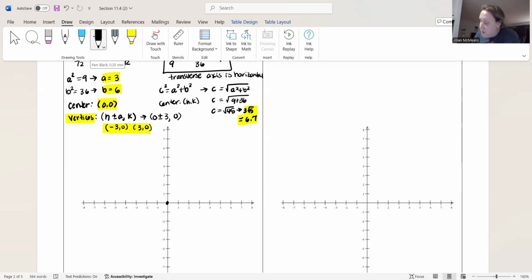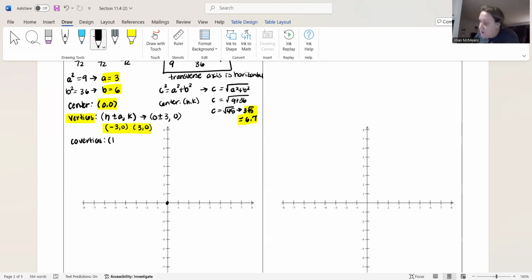Okay, let's talk about co-vertices. Now, the co-vertices run the opposite direction. So if your vertices are going to be on that horizontal transverse axis, then the co-vertices are going to be along the vertical conjugate axis. So that means we're going to have to play around with our k, our y-coordinate, the k value of our center.